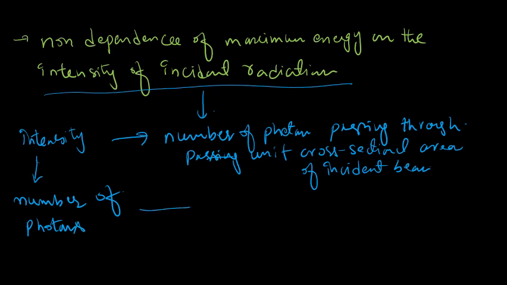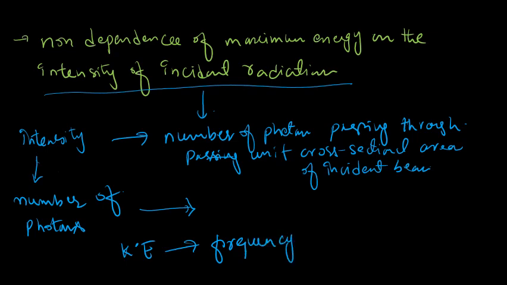As a result, when we shine light of large intensity on the metallic surface, it will just increase the photocurrent, not the kinetic energy, because the kinetic energy is not related to the intensity. Kinetic energy is related to the frequency.